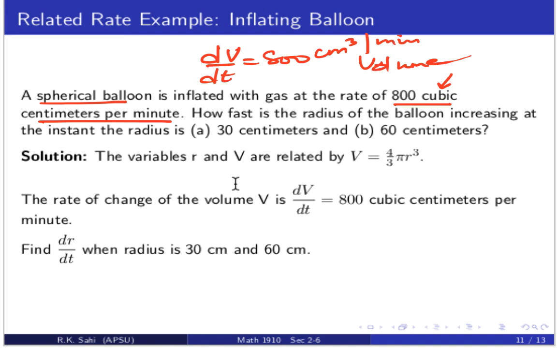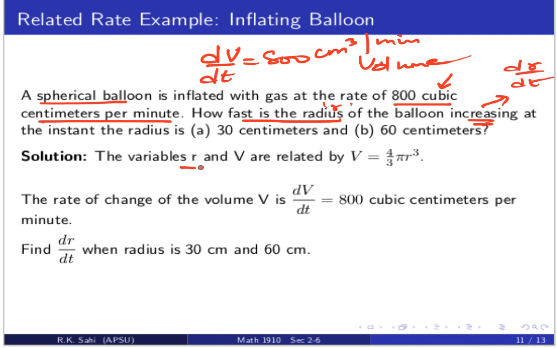Now the next line says, how fast is the radius increasing? Because if you fill gas into the balloon, then slowly it will increase in shape, the radius will increase, the volume would increase. So the question is, how fast is the radius increasing? In other words, if my radius is represented by r, it is dr over dt.